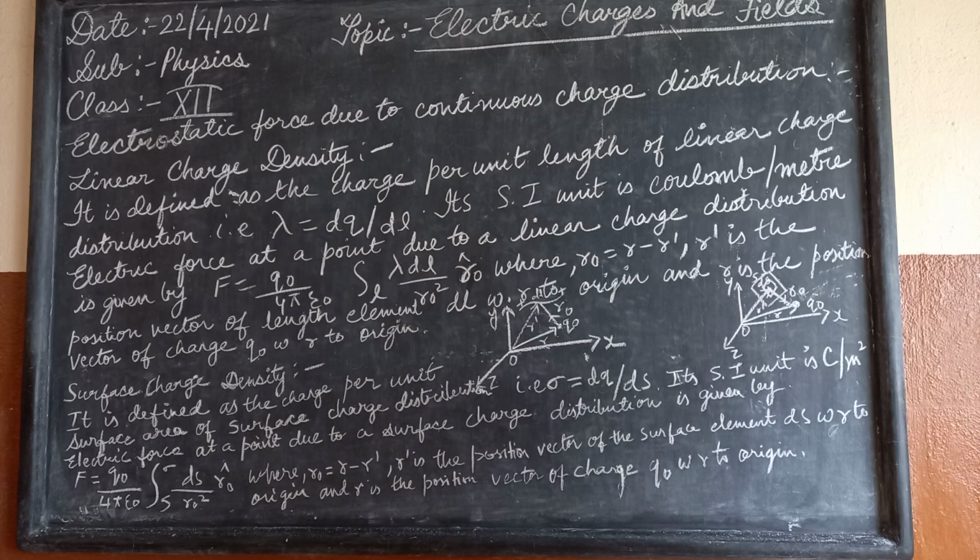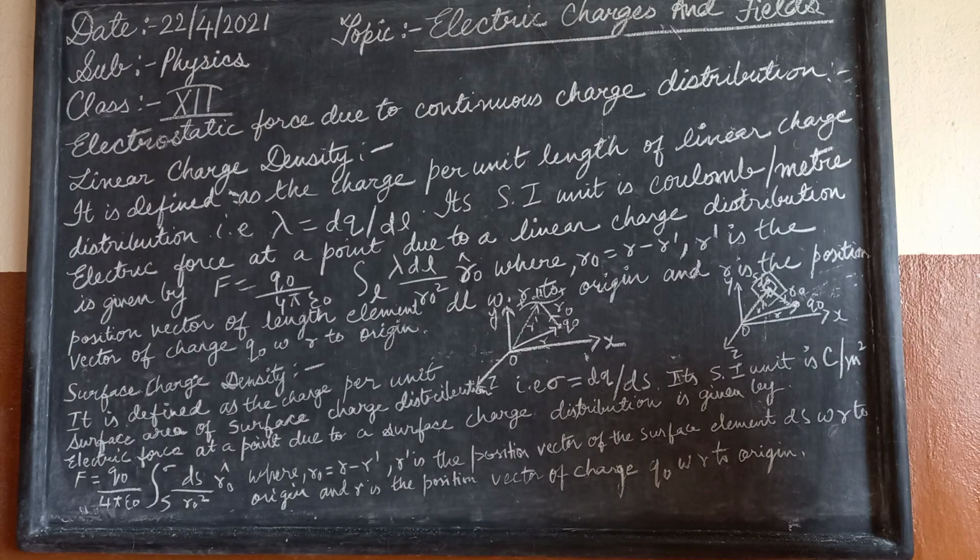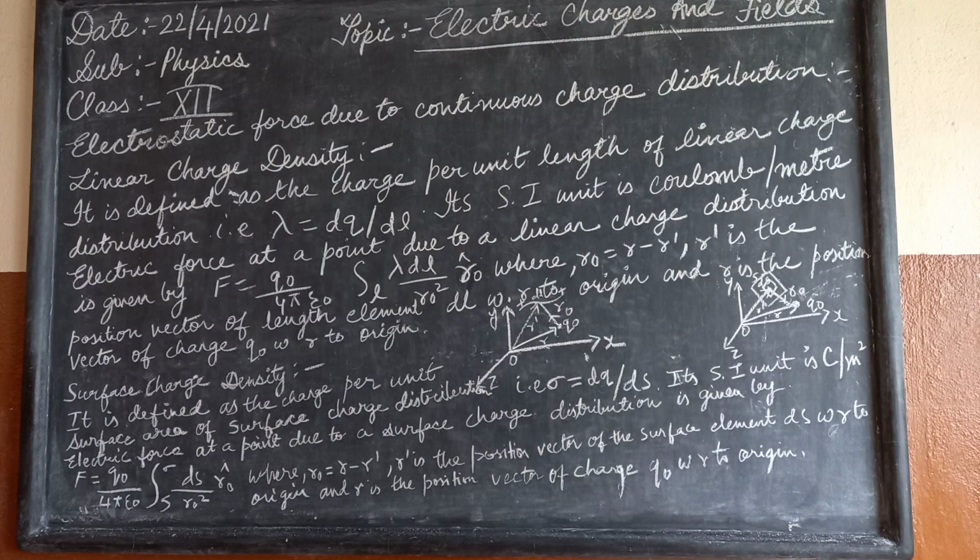R dash is the position vector of the ds element, and r is the position vector of q0. So again r0 is equal to r minus r dash, where r dash is the position vector of the surface element ds with respect to the origin, and r is the position vector of the charge q0 with respect to the origin itself.